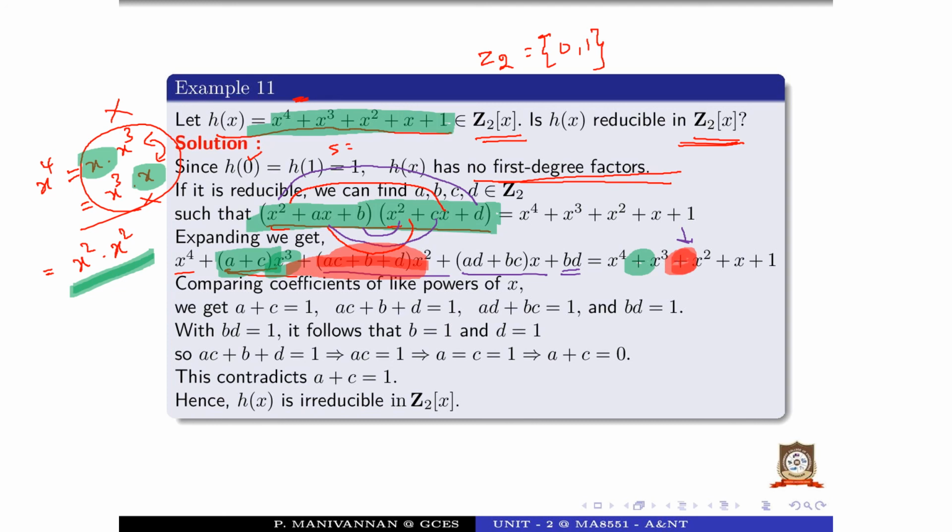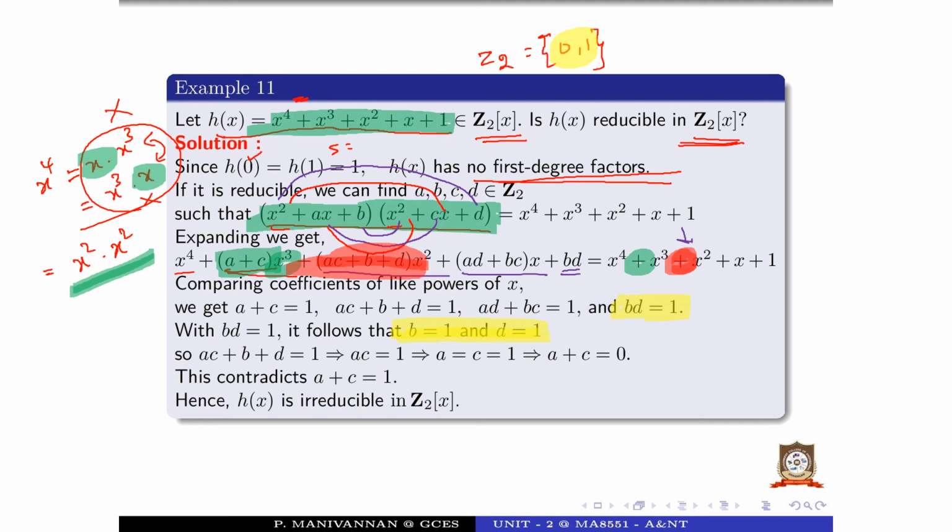Then AD plus BC equal to 1 and also BD equal to 1. What is the condition? These coefficients are either 0 or 1. If the multiplication of two numbers is 1, then both numbers must be 1. Therefore, B equal to 1 and D equal to 1.